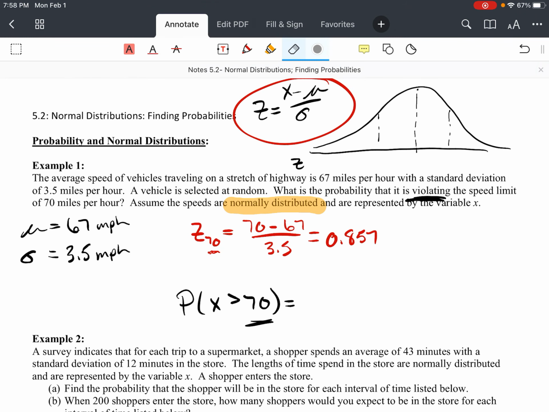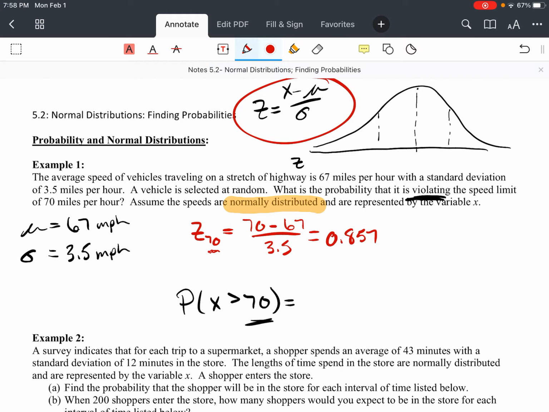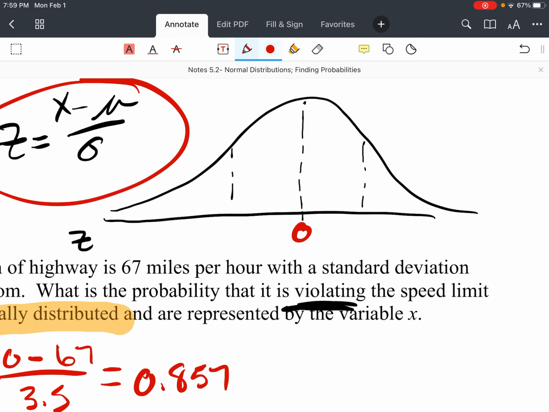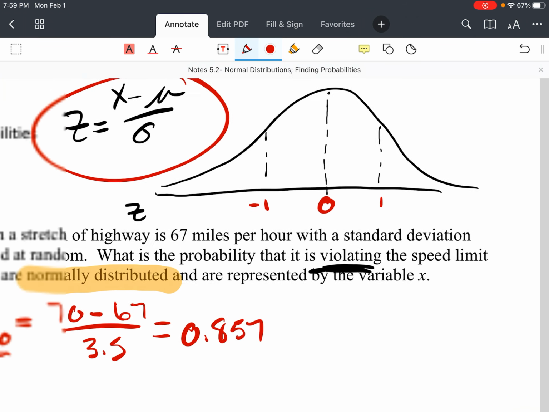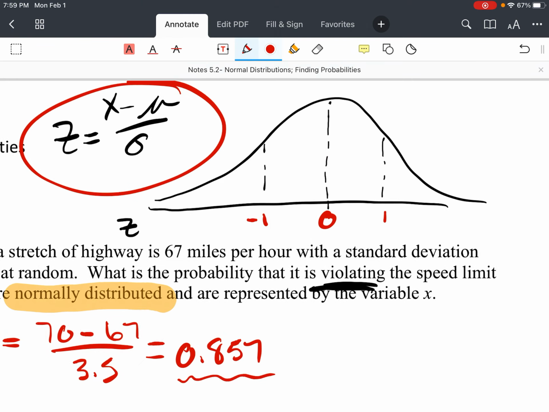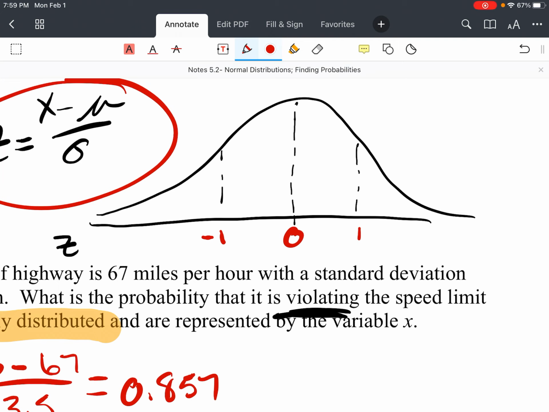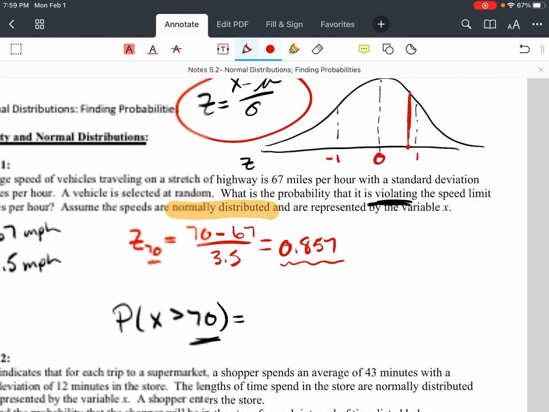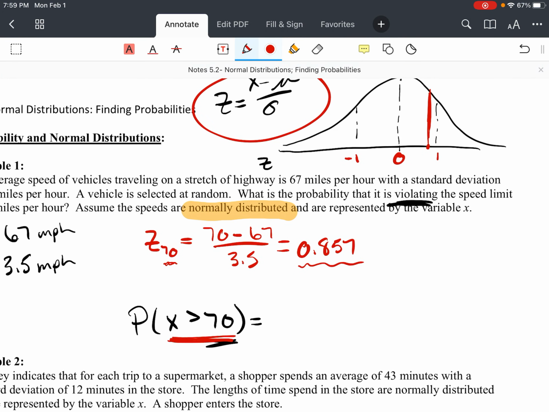If we look at the standard normal distribution, where the middle is 0, and we have -1, 1, and then 2, 3, and so on, we need to figure out where this lies on our graph. Remember that the z-score is a position on your standard distribution. 0.857 looks pretty close to 1, but not quite 1, so it's right about there.